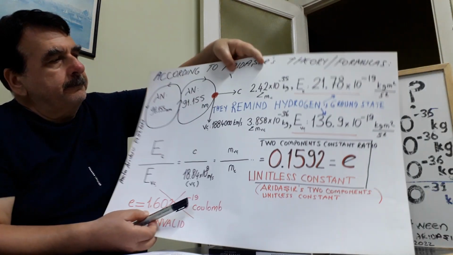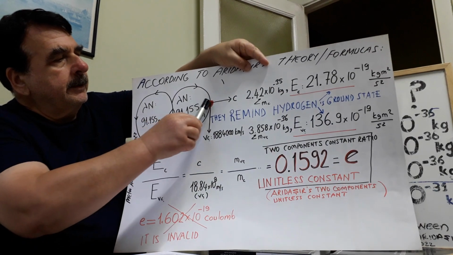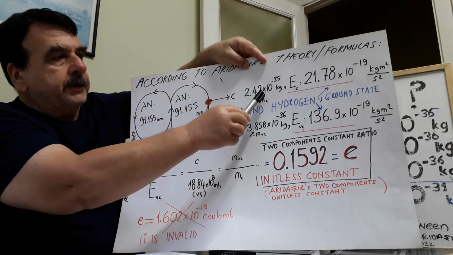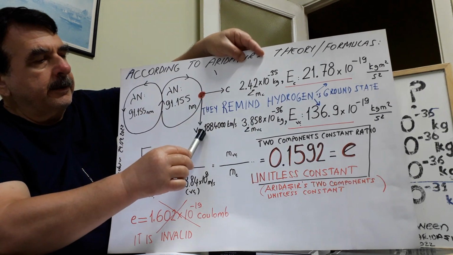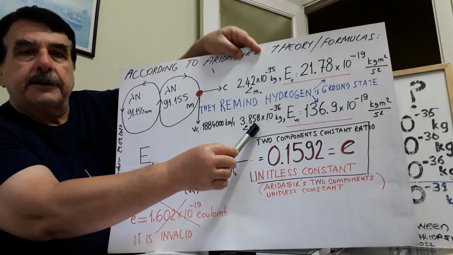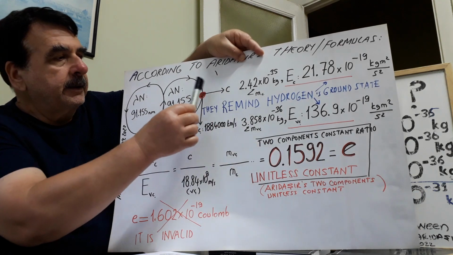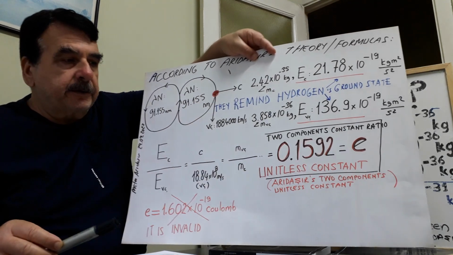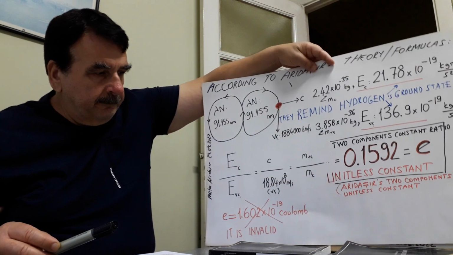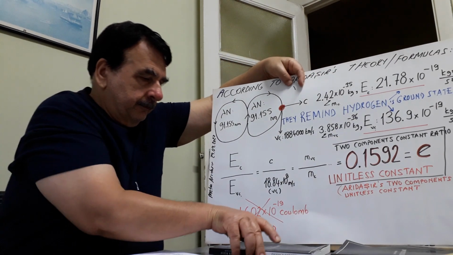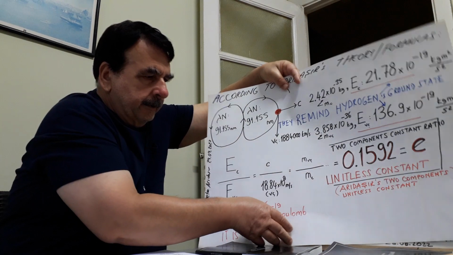Here, speed of light direction component mass and linear velocity component mass. Two different directional masses.